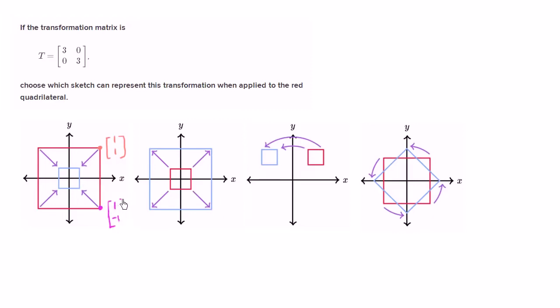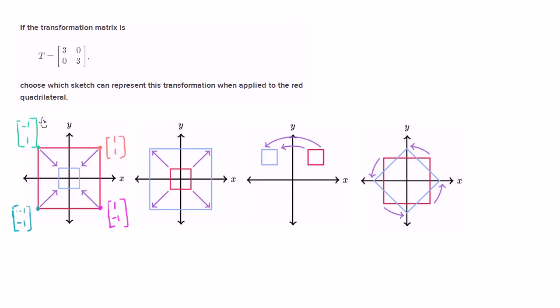This one over here could be represented by the position vector [-1, -1]. And finally, this point right over here could be represented by the position vector [-1, 1].